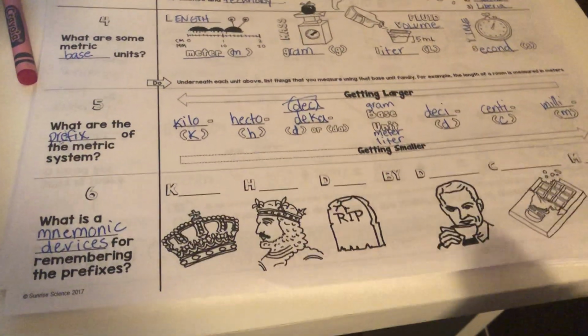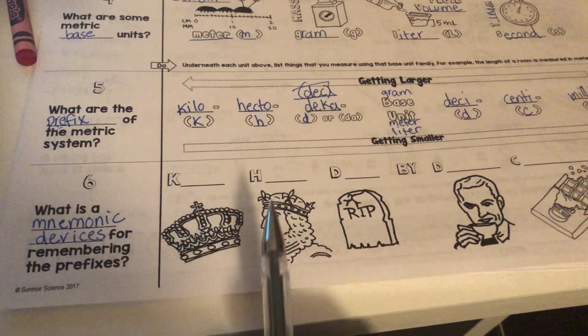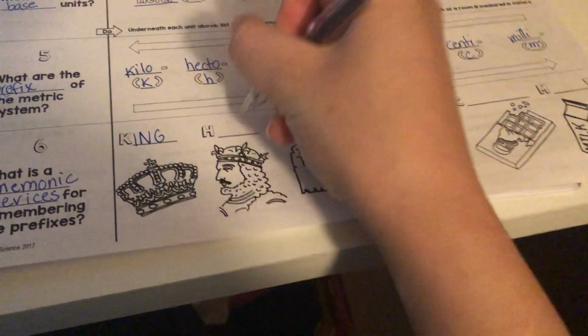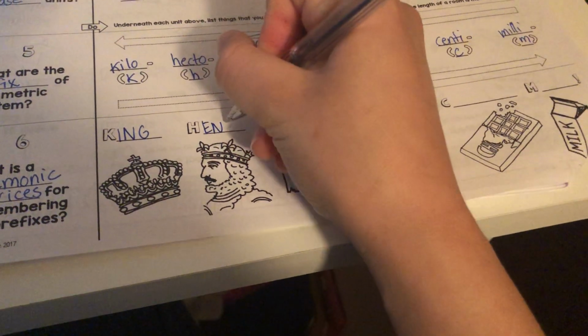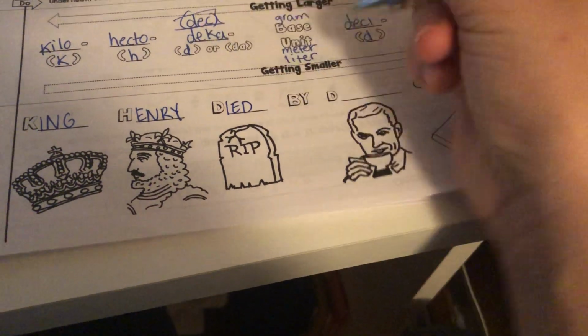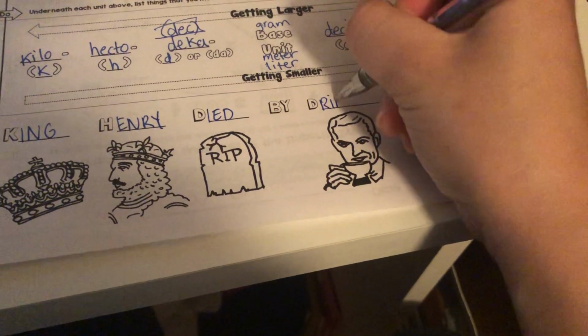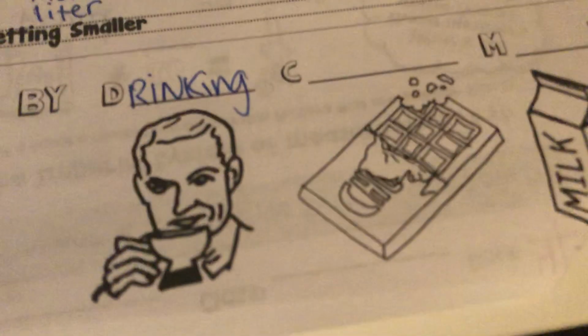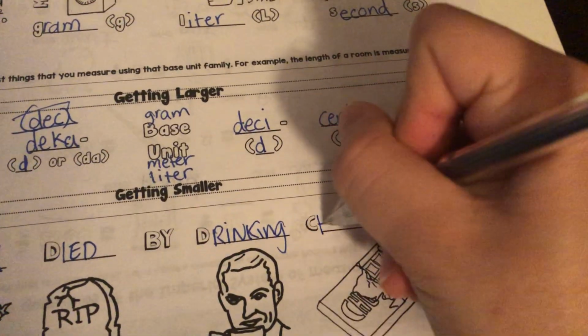So here we're going to meet not our Aunt Sally anymore, but our dear friend King Henry. What a handsome chap. Well, guess what happened to him? He died by drinking, you won't believe it, chocolate milk.